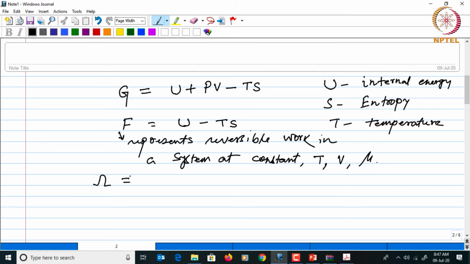So this is given as F minus G, and if you substitute G and F over here, you will get omega equals minus PV, right?